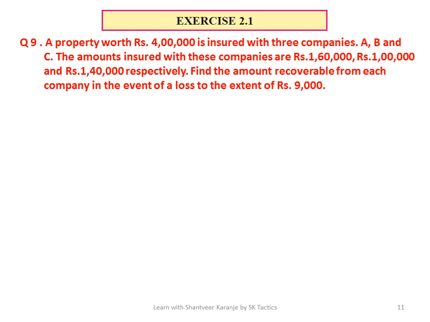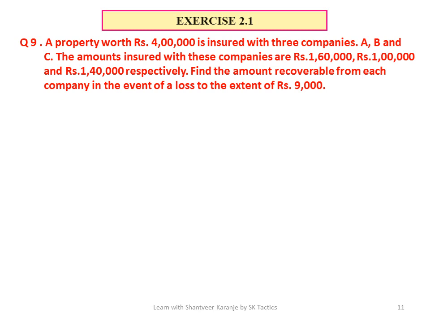Find the amount recoverable from each company in the event of loss to the extent of rupees 9,000. Only 9,000 is loss. In that case, he can claim from company A, company B and company C. What will be the claim from company A, B, C, that we need to calculate here.